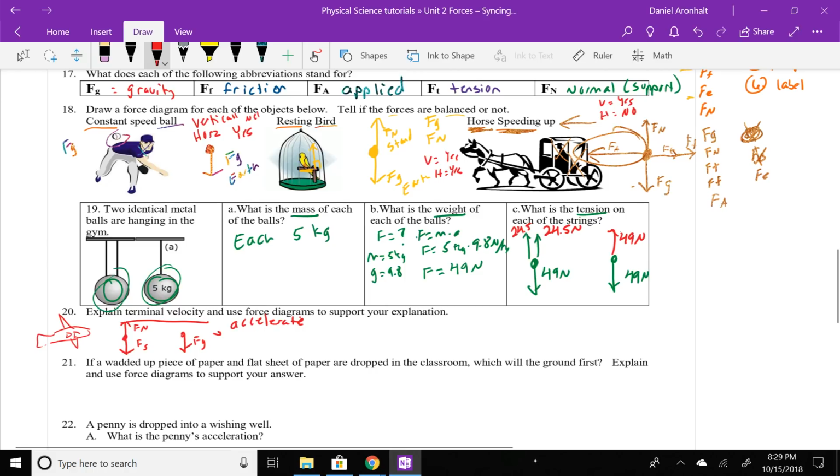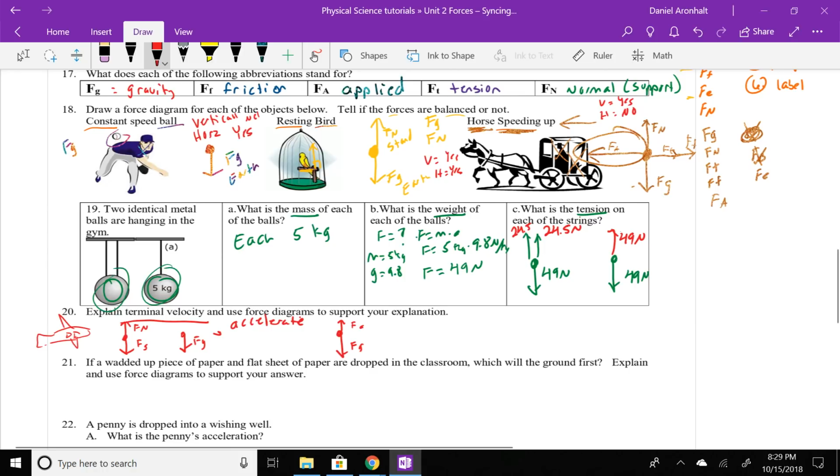Those air molecules push back up on you. So as you fall, you start being pushed up a little by the air resistance. That's an applied force, F sub A, or you could call it F sub F for friction.